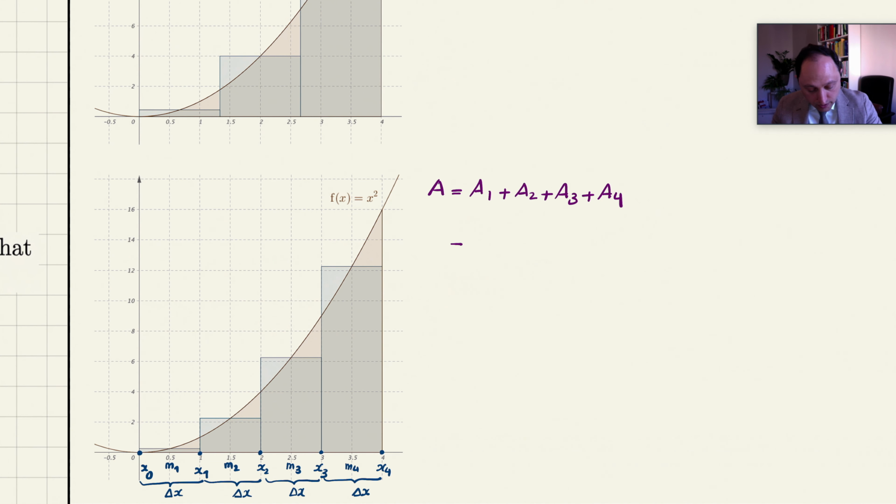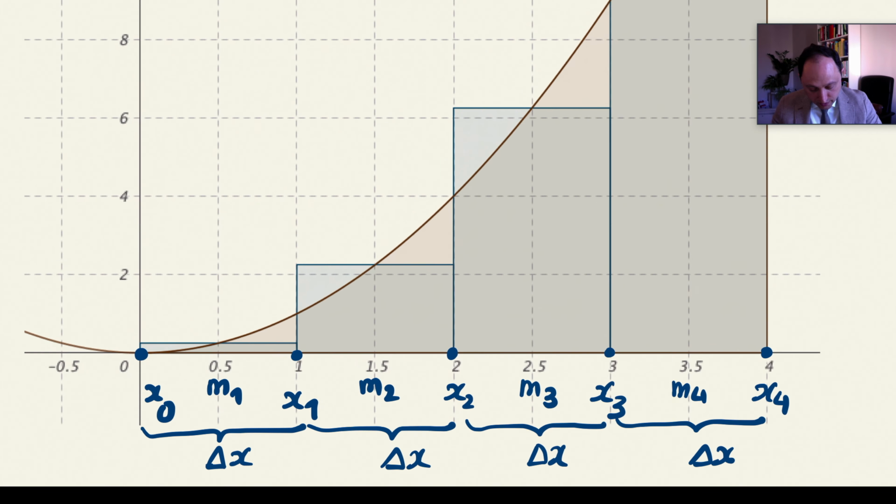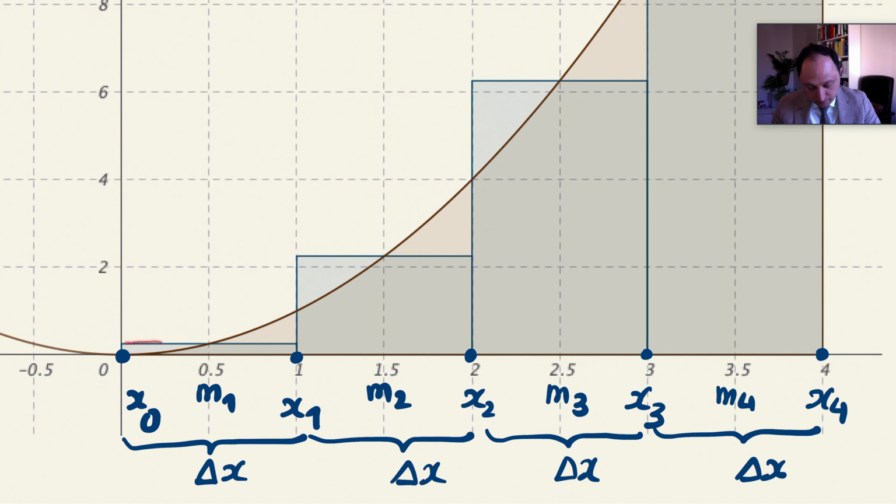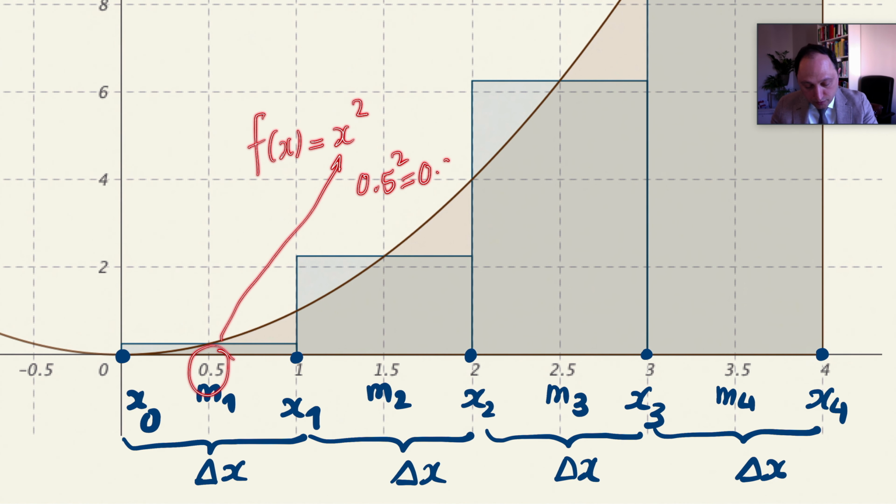Okay, so what is the area of the first rectangle? What is the height? Can you tell me what is the height of the first narrow rectangle here? 1 over 4, yes, because f of x is x to the 2, so you put 0.5 here, 0.5 to the power 2 is 0.25.